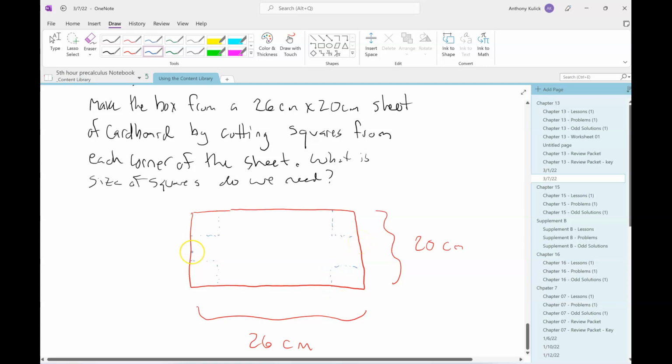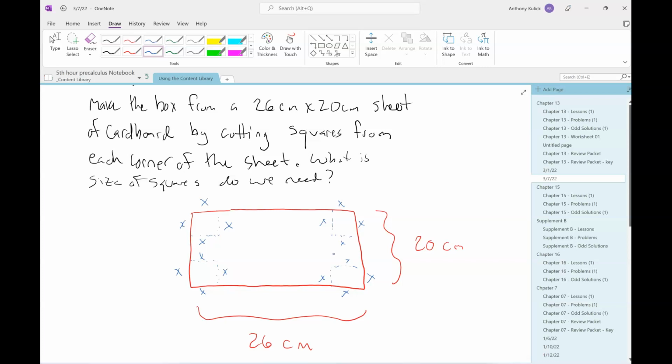I guess is that easy to see? I guess that's okay. So I know that a square is the same length on each side. Since the question is asking me for the size of the square, I know I'm going to make that size X because that's the variable that I'm looking for.